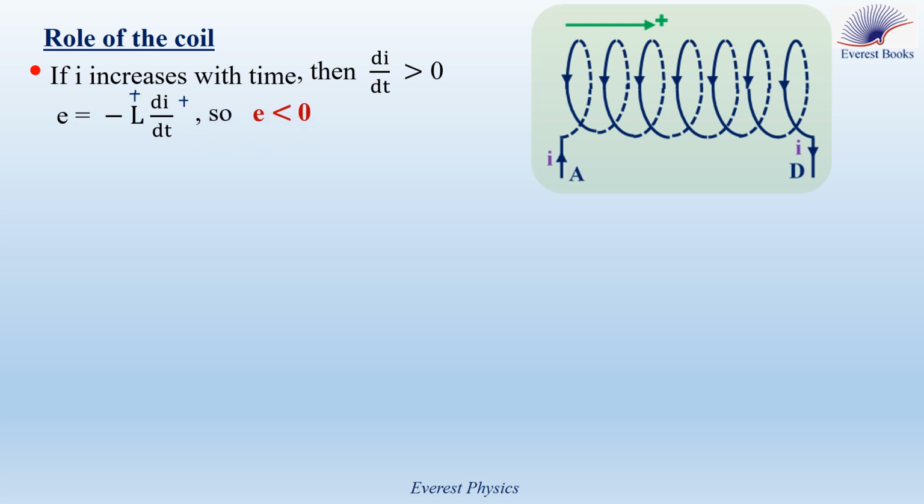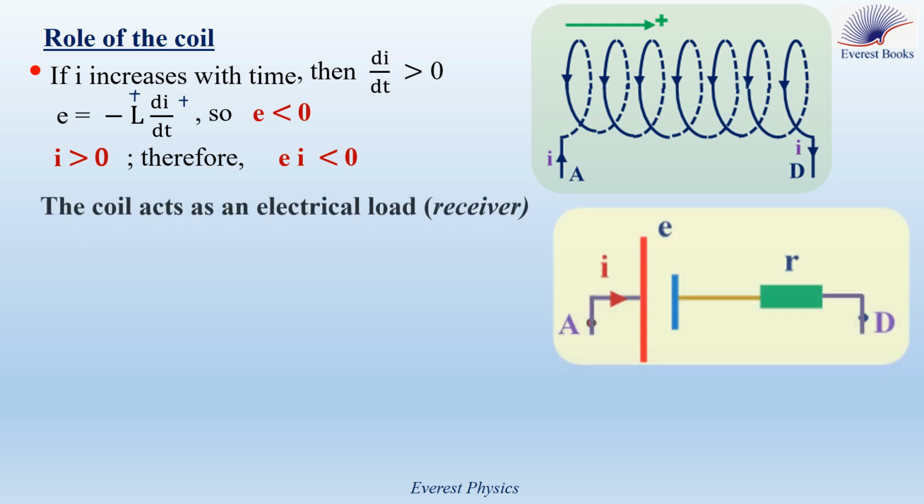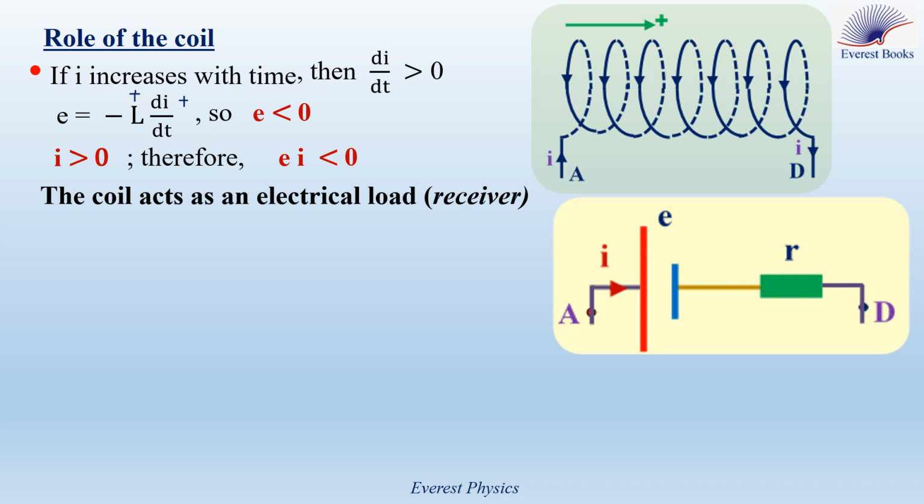Now, if you look at the figure, I is positive. If E is negative and I is positive, then EI is negative. And if EI is negative, then the coil acts as an electrical load. In some references, the electrical load is called a receiver. Now, look at the figure.